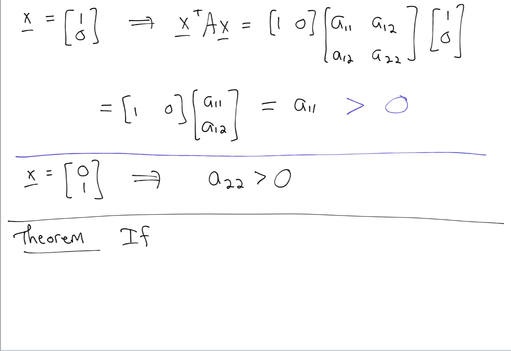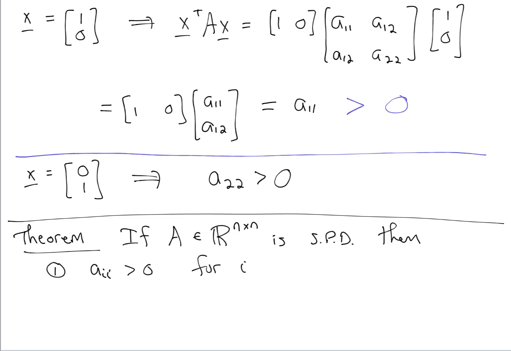If our matrix A, in R^(n by n), is symmetric, positive definite, then we have two results here. One, Aii is positive for i ranging from 1 to n.